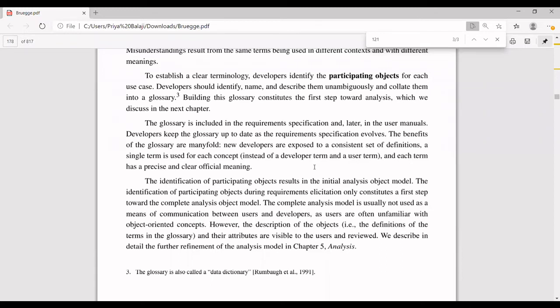It shows how a particular subsystem, a particular use case, or a particular scenario is going to react, and then it comes as individual objects participating. How to name that object, and how the responsibility of the object will be analyzed, all these things will come in the next chapter.